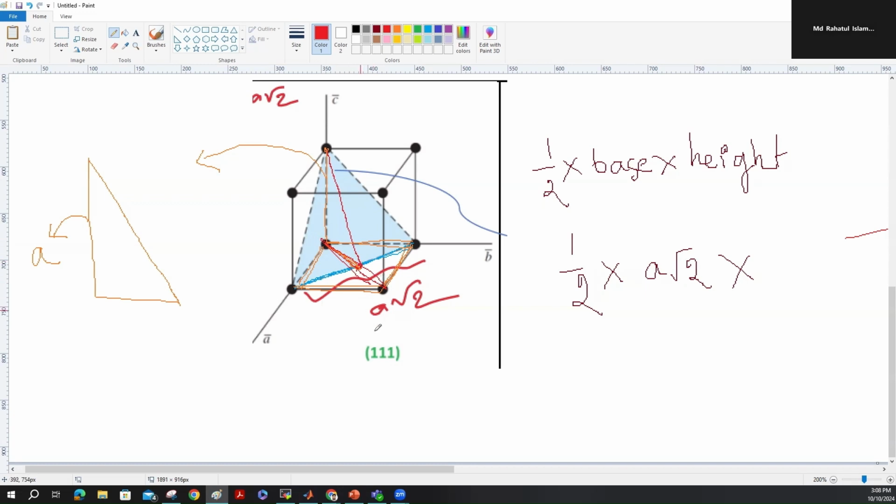So the full diagonal we have already calculated, which is a root 2, which is for the blue line. But in the case of this red diagonal, it's also a root 2 because it's a square, right? So this is the diagonal, and half of the diagonal should be a root 2 divided by 2, right?